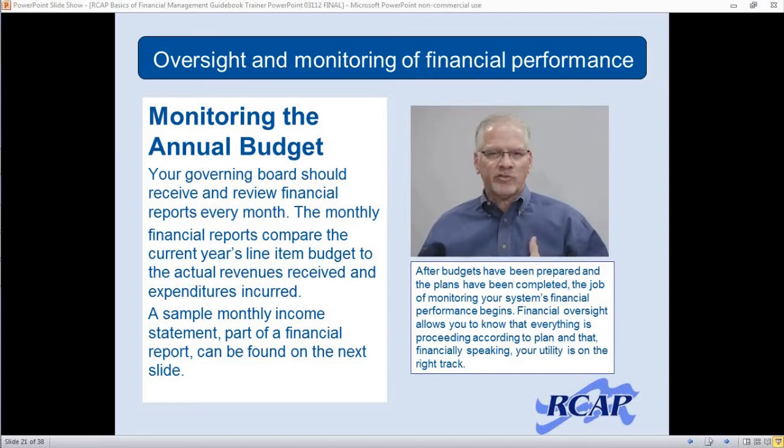What we do next is we look at our performance through financial reporting of how accurate our budget is. Are we on target for revenues? Are we on target for expenditures? What happens if we're off target? What adjustments do we make? So the budget's a guideline. Financial reporting verifies how well we do on the budget.